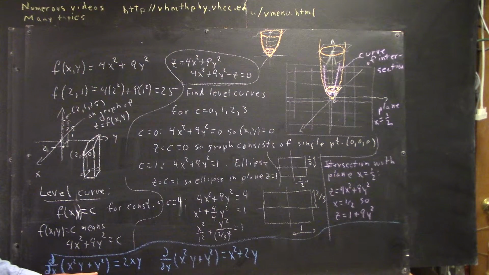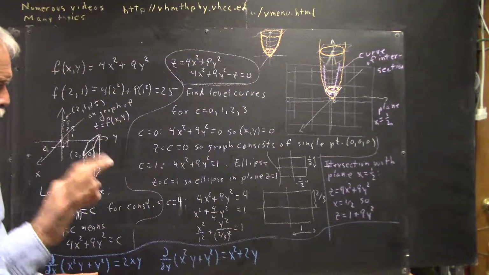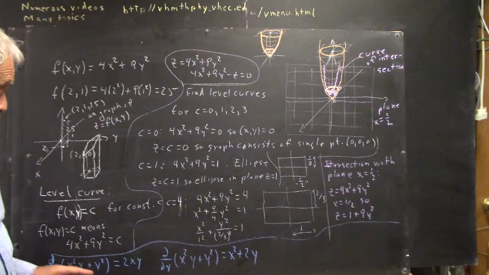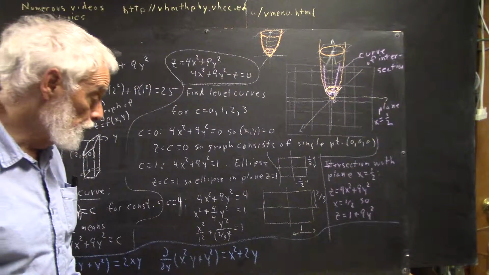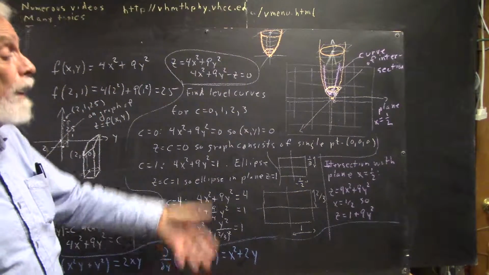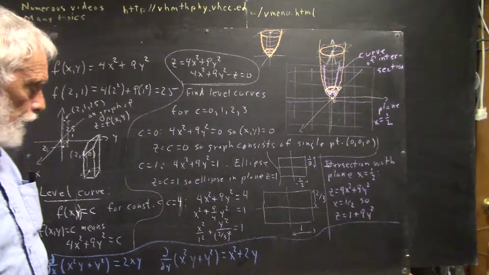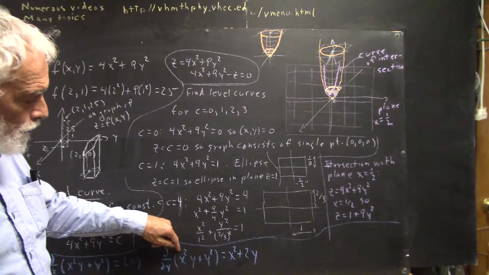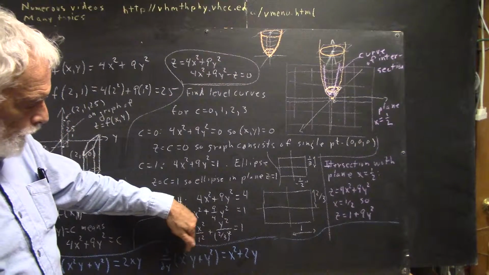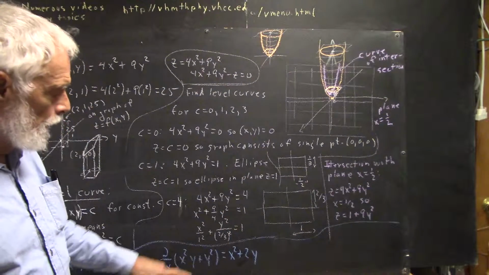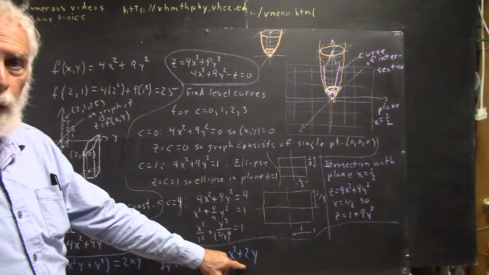And the derivative of y squared is going to be 0 because y is being treated as a constant here. If we want to know the derivative in the y direction, how a change in y affects the value of the function, then we treat x as constant and take the derivative with respect to y. So the derivative of x squared y would be just x squared. The derivative of y squared would be 2y.